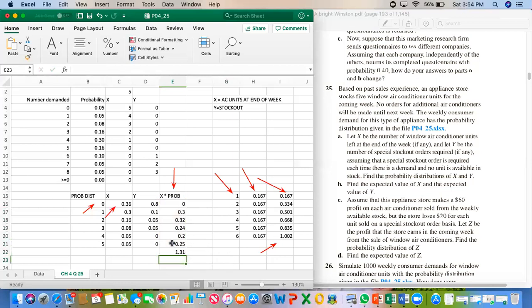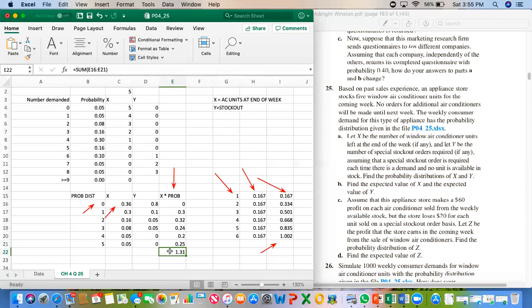So that is the average number of items left in stock at the end of the week. If you considered every week over week over week, you would have an average of about 1.3 units left at the end of each week. Does that make sense? Yes.